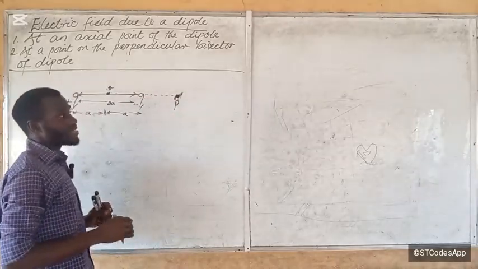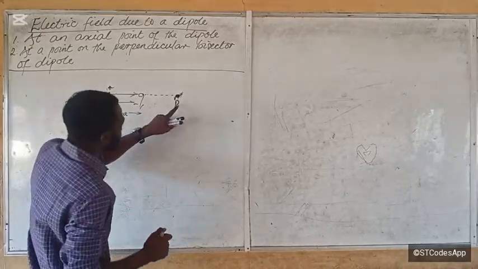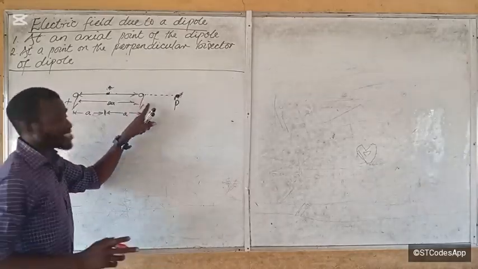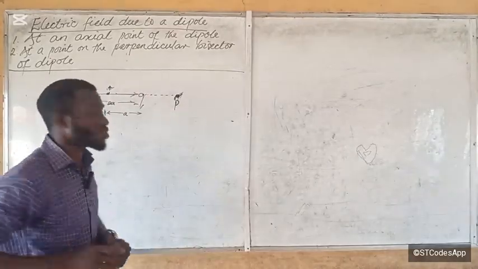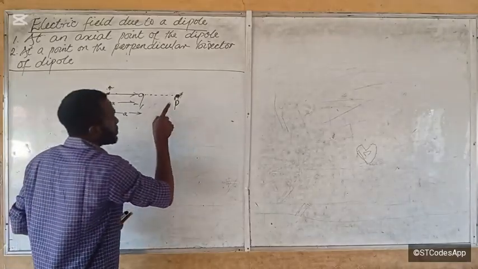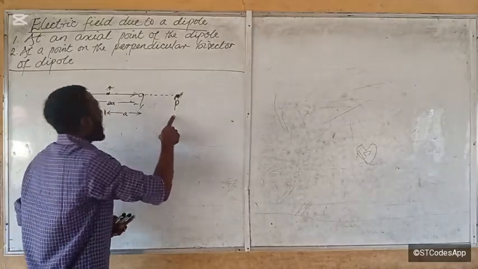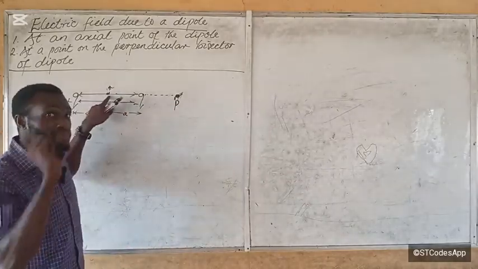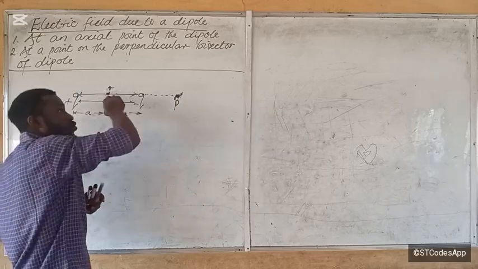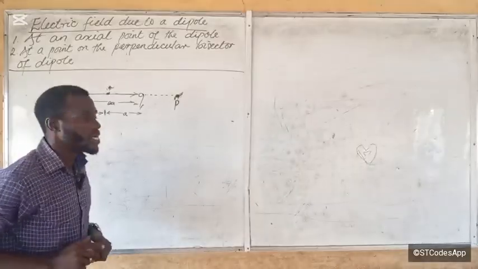Does that make sense? All right, so this P also is going to be at a distance between this guy and this guy, but we are usually considering the distance between this point P and the middle, where it seems as though the electric field were to be emanating from.